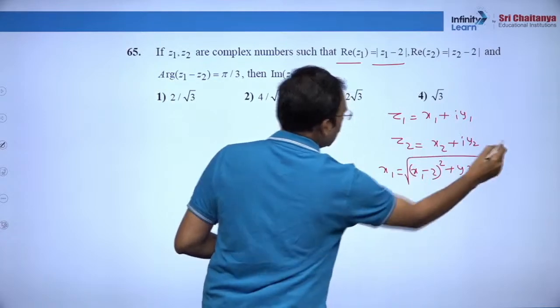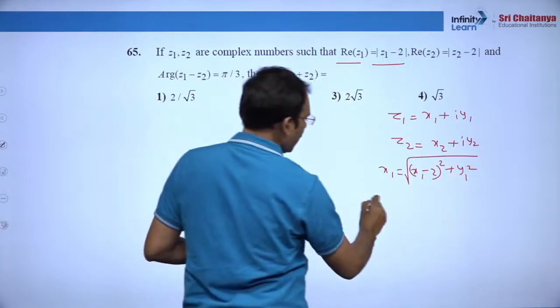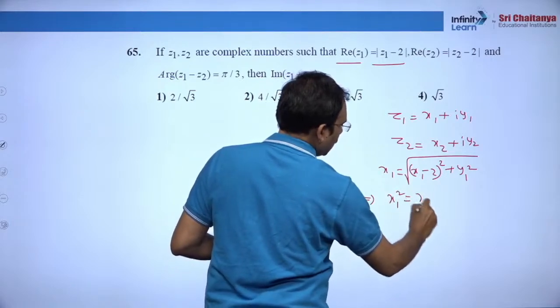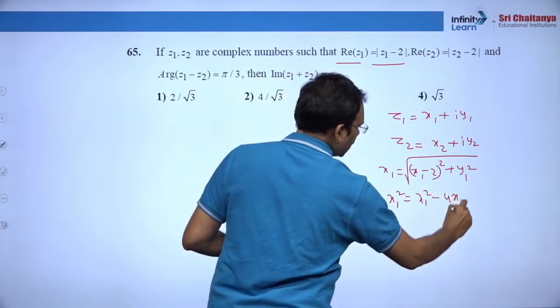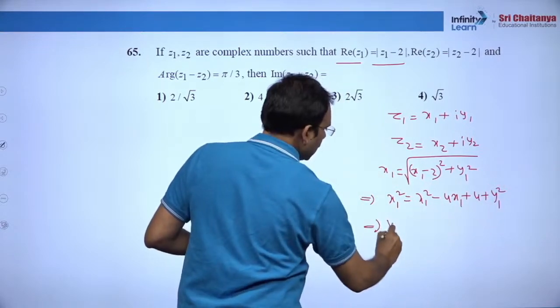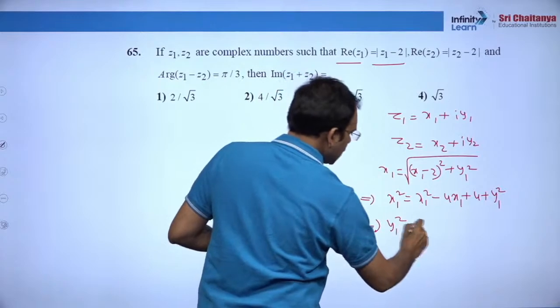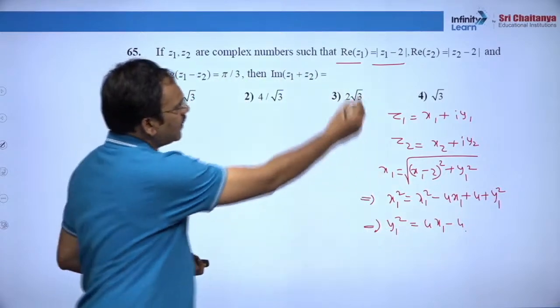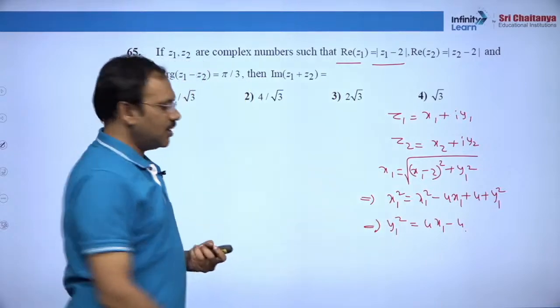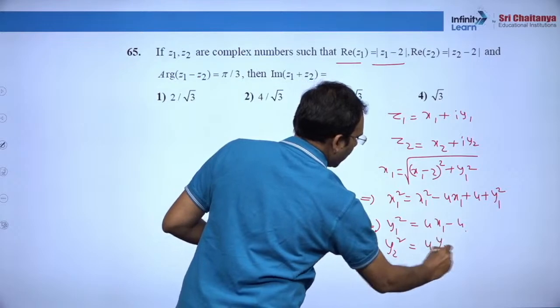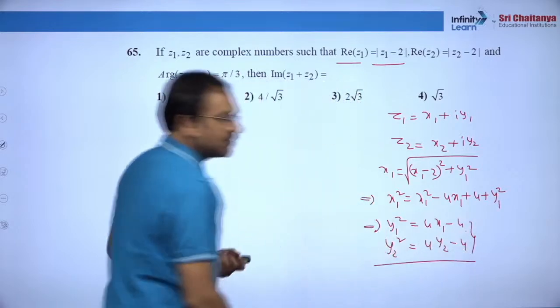You just square and simplify, my dear friends, you will get x1 square is equal to x1 square minus 4x1 plus 4 plus y1 square, and hence you will get y1 square is equal to 4x1 minus 4. Same, Z2 also has the same condition. You will also get y2 square is equal to 4x2 minus 4. These are the two steps we got.